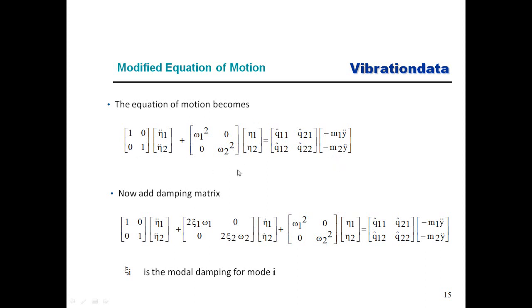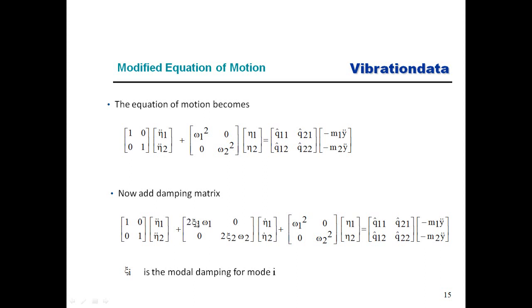Now, remember the damping. We want to add in damping. So we're going to do a little bit of hand waving here, but it actually turns out very well. And we're going to say that this system has viscous damping. Now, in terms of damping, I realize there can be viscous damping, there can be Coulomb damping, there can be other sorts of damping as well. But we're just going to stick with the simple viscous damping case. So we're going to introduce a diagonal damping matrix here, and we're going to introduce the modal velocity terms.